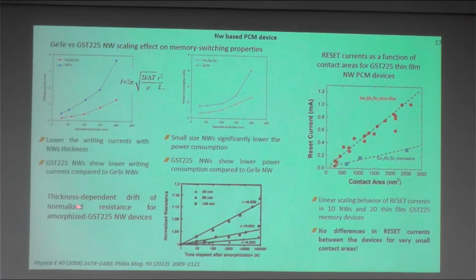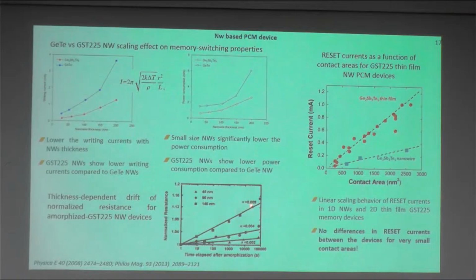Also, resistance drift was measured for nanowires, and it's also a function of the size. So if you start here for larger sizes like 100 nanometers, and reduce it to 45 nanometers, we can see that the value of resistance drift, this is alpha, reduces a lot.